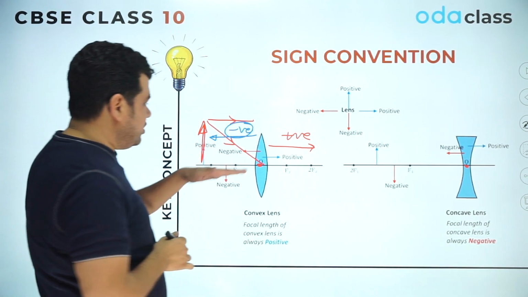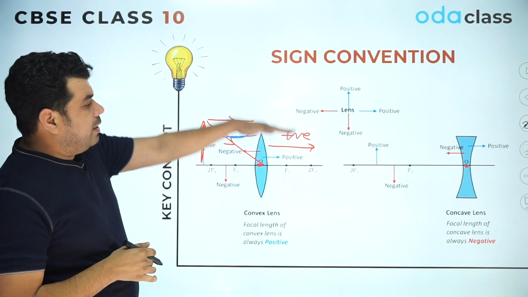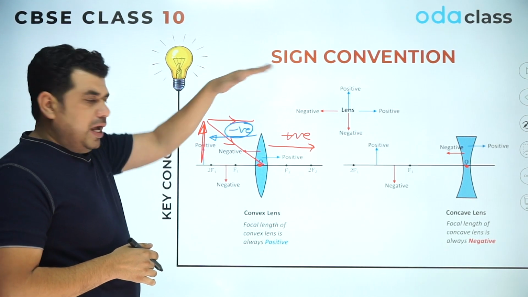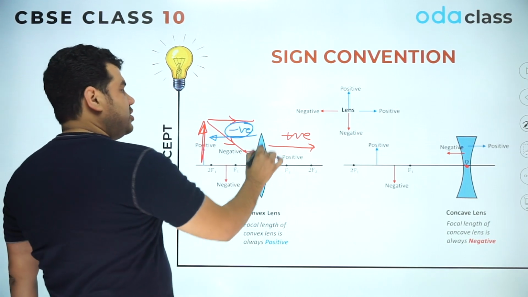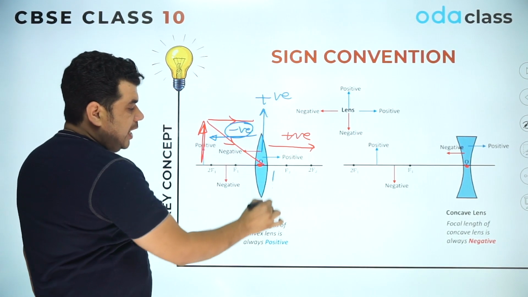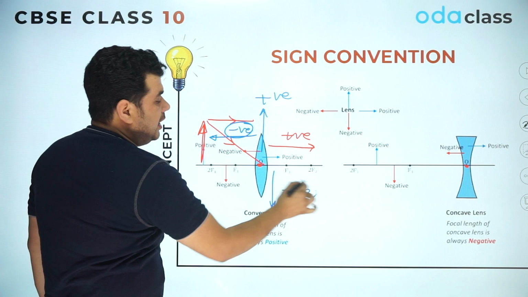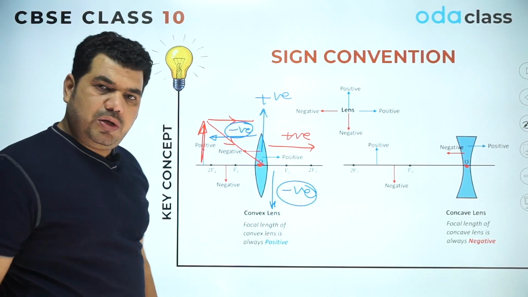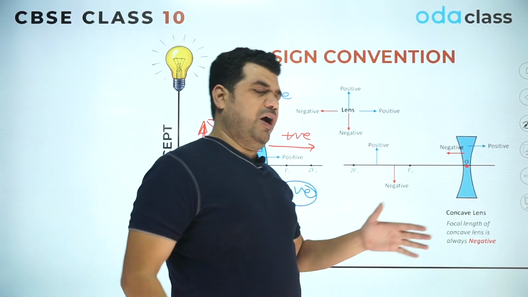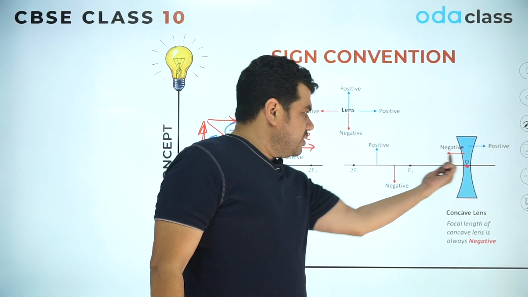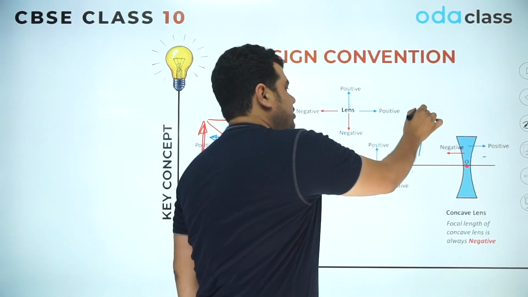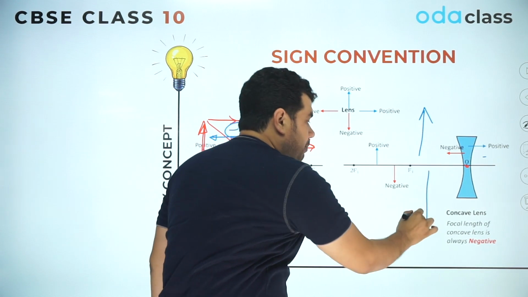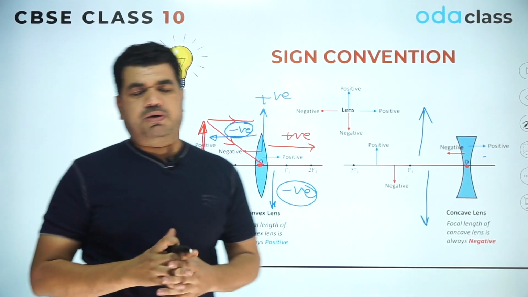Similarly, the distance above the principal axis should be positive and the distance below the principal axis should be negative. So this distance must be positive and this distance must be negative. In the case of a concave lens, you use the similar concept again. This distance should be negative, this distance must be positive, and here this distance must be positive. Here, below the principal axis, that distance must be negative.